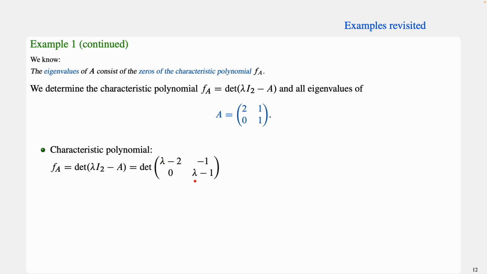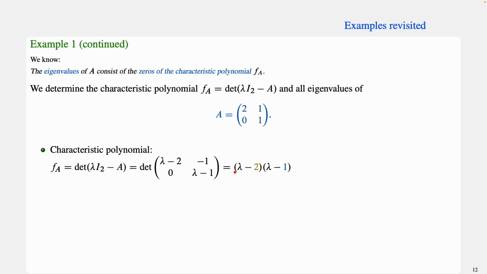This gives this matrix, and the determinant by the usual formula is the product of the diagonal elements minus the product of the off-diagonal elements, which is just 0 in this case. So we obtain the characteristic polynomial lambda minus 2 times lambda minus 1.